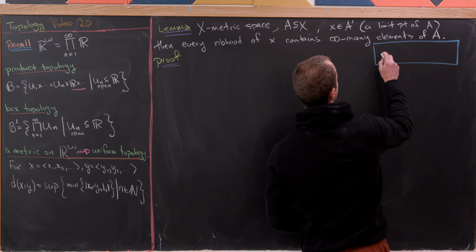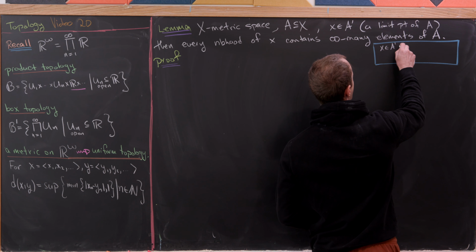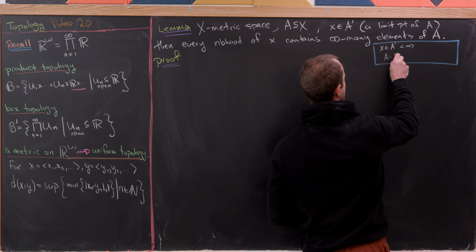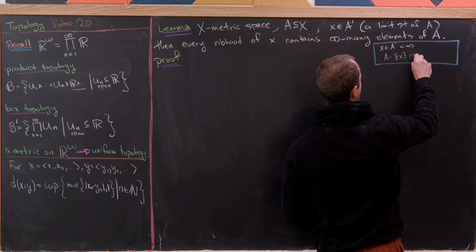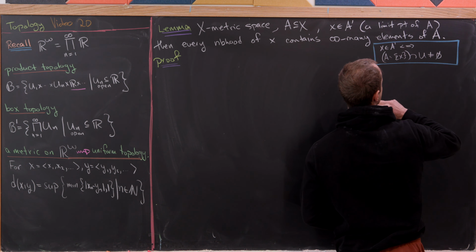Now, before we get started, I'd like to recall the standard definition of being a limit point. And that would be something like this. So x is a limit point of A if the intersection of A minus x with any open neighborhood U of x is non-empty.